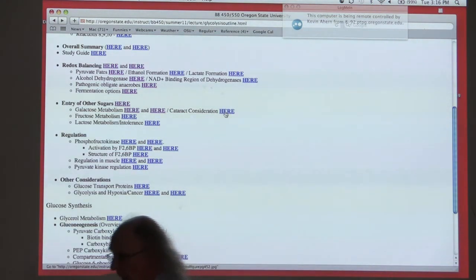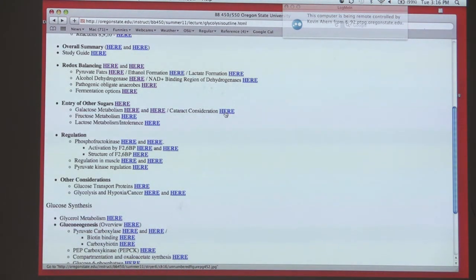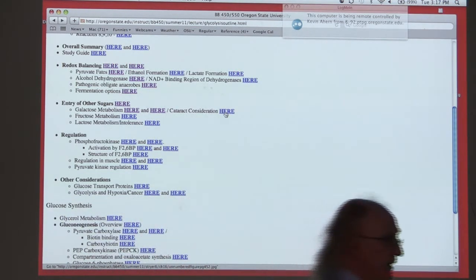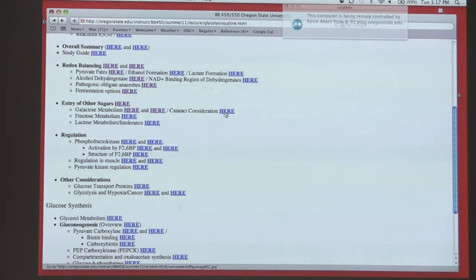And if you lack lactase, then the microbes get a hold of the lactose instead of you getting a hold of the lactose. And they produce prodigious quantities of gas and cause, in some cases, some very bad discomfort, let alone a significant amount of flatulence. So lactose intolerance can be a very painful disorder.